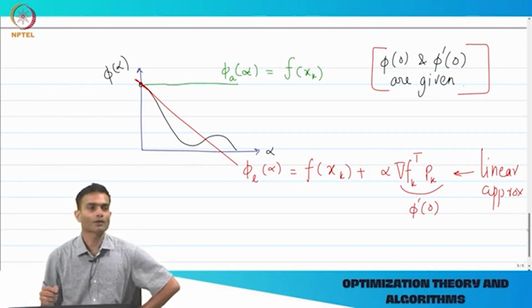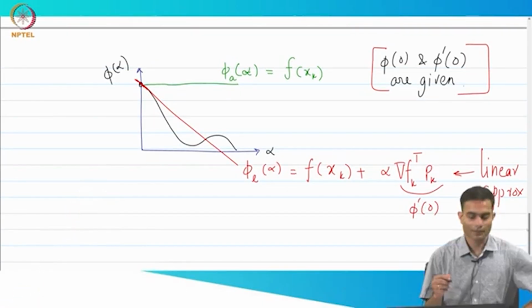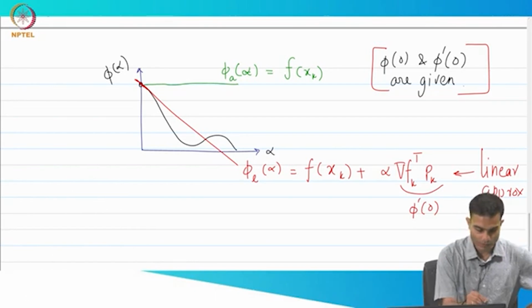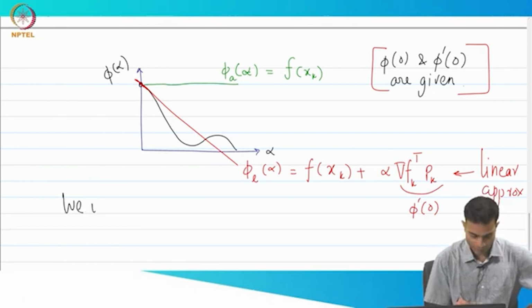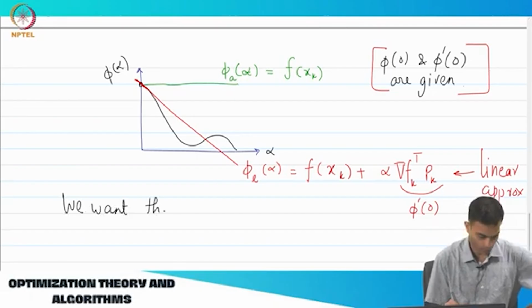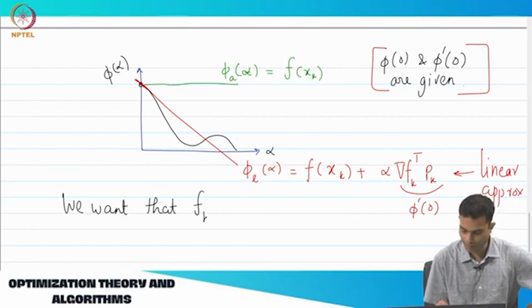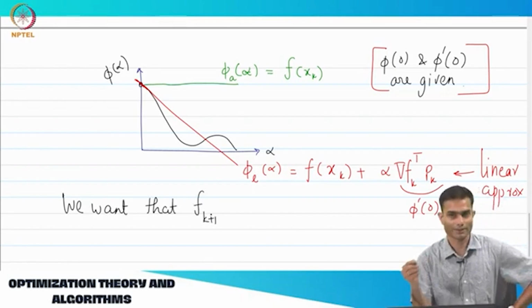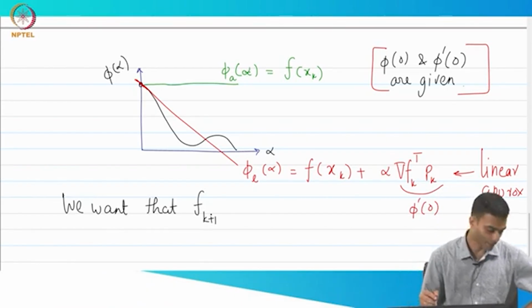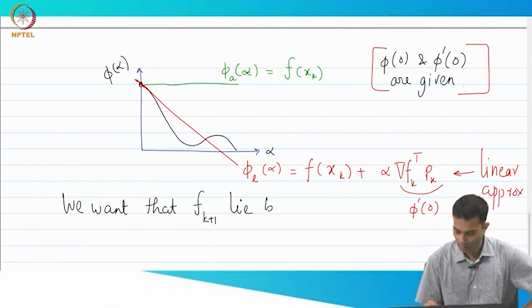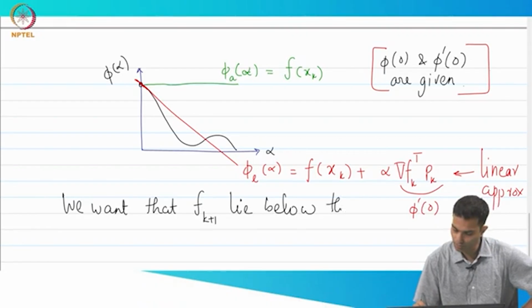So the idea of sufficient decrease is that, let's write it in words over here. We want that this new point that I want to reach by xk plus 1, its function value lie below the linear approximation.